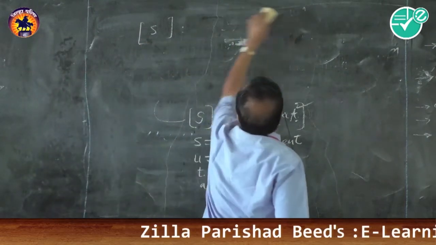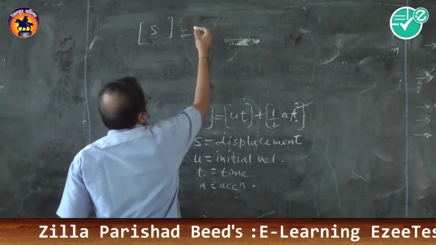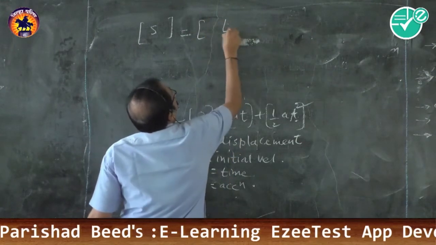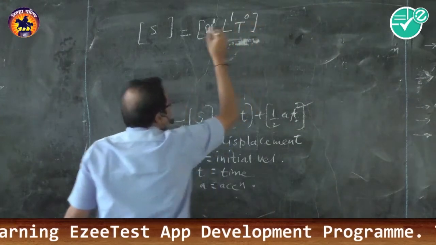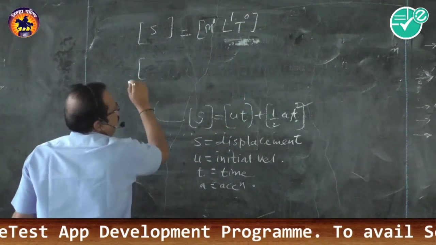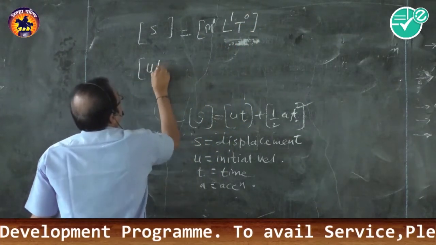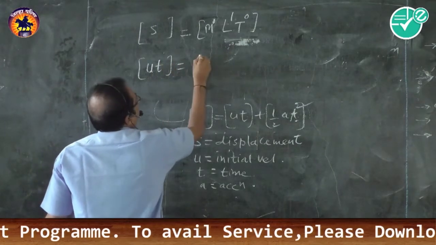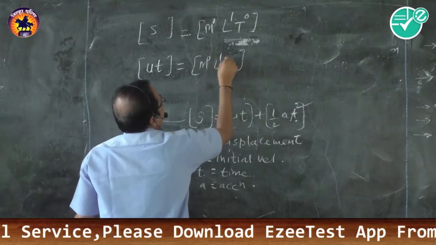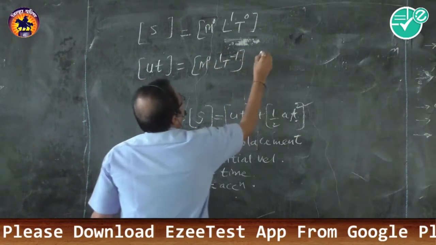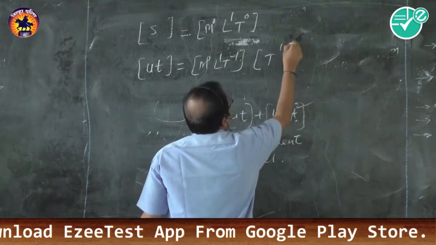First, the dimensions of S. S is nothing but the displacement, so the dimensions are m0, l1 and t0. Now ut: u is the initial velocity, so its dimensions are m0, l1, t minus 1. The dimensions of t are t1.